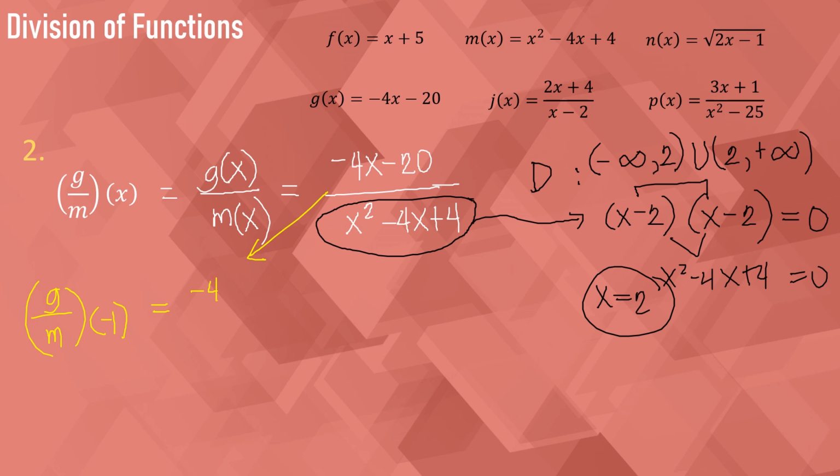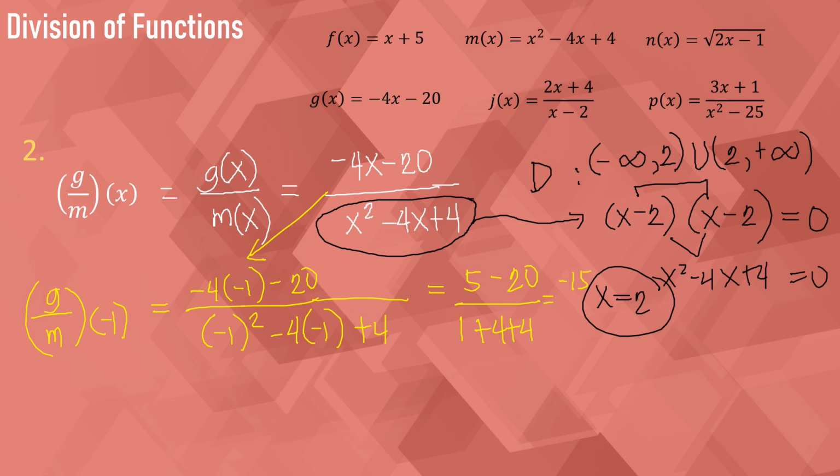We have -4 times -1 minus 20 divided by the square of -1 minus 4 times -1 plus 4, which is 4 minus 20 over 1 plus 4 plus 4. That gives you 4 minus 20, which is -16... wait, as computed: 5 minus 20 is -15 over 9, and they're both divisible by 3. So you have -5 over 3. This is the answer on the first way.